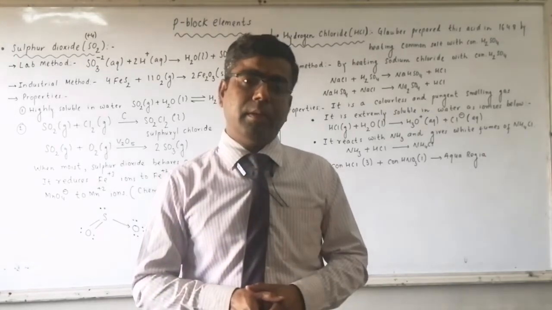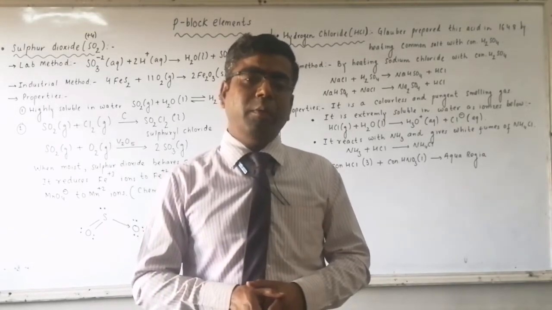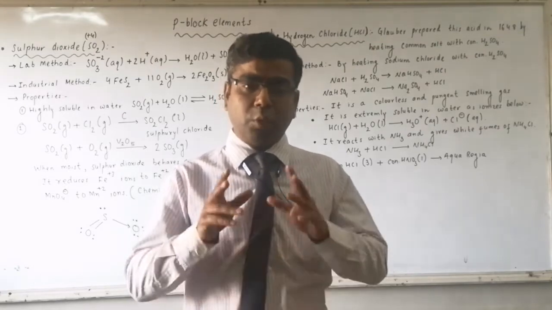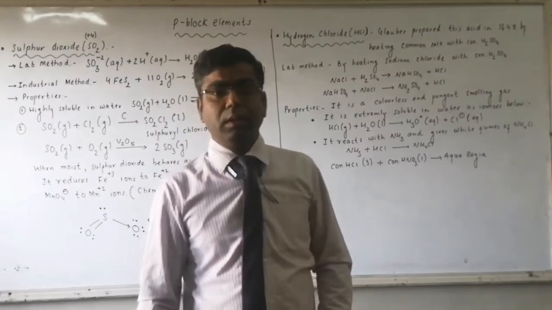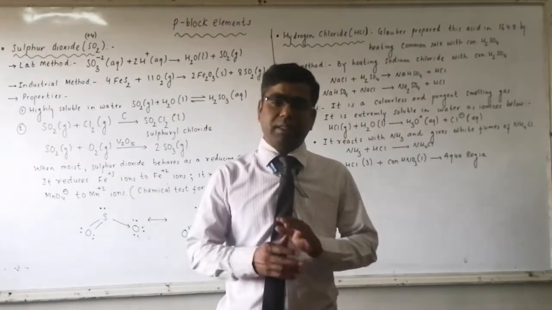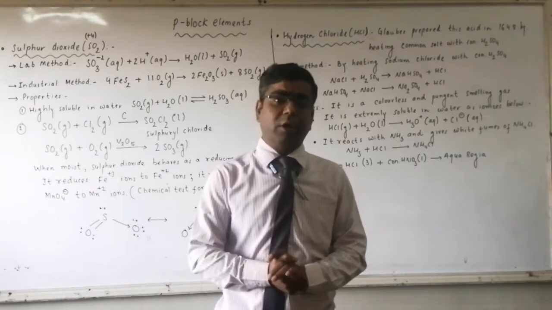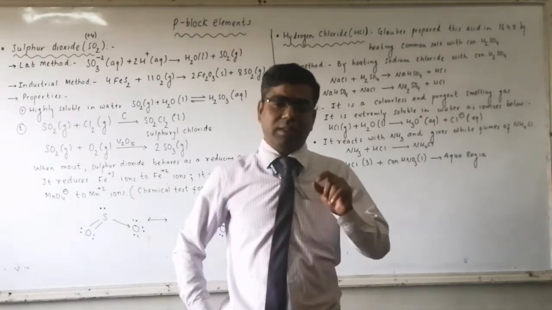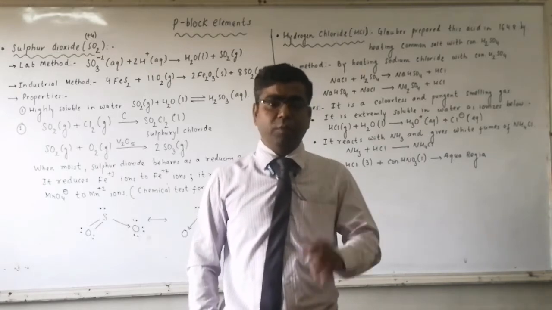Sulphur, which is exhibiting oxidation state of +4 in SO2, can be converted to a compound where sulphur exhibits oxidation state of +6. This change in oxidation state is possible for sulphur.